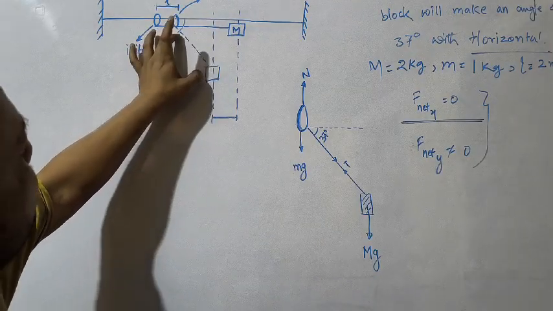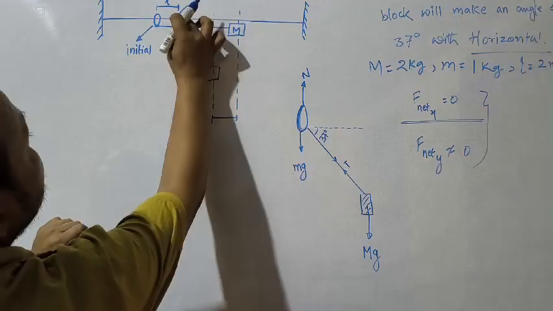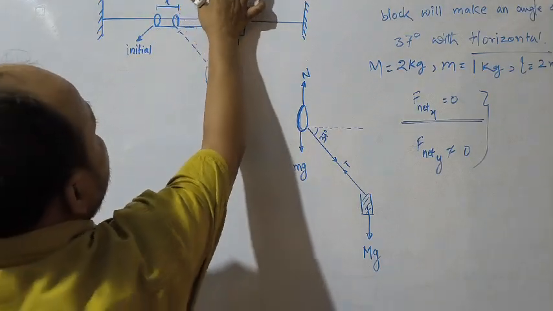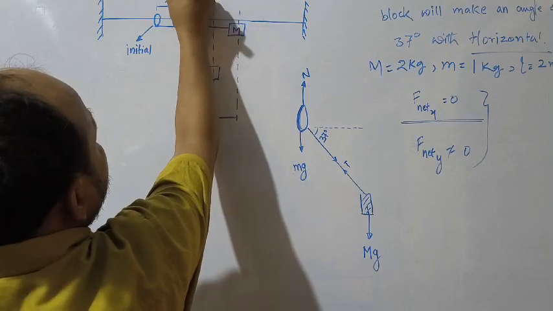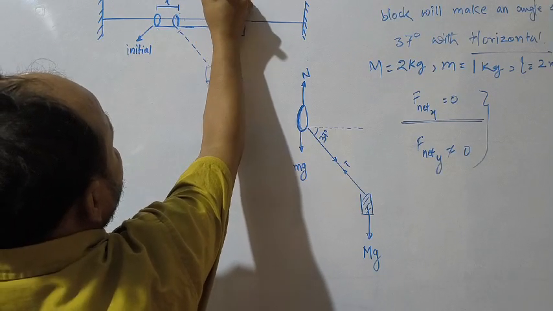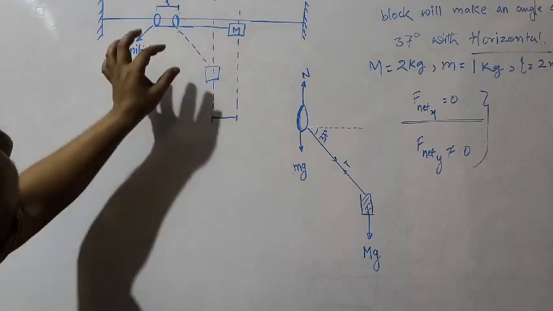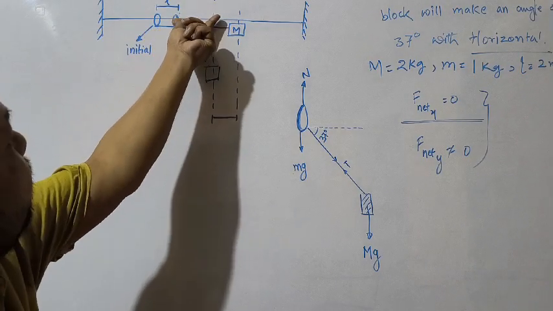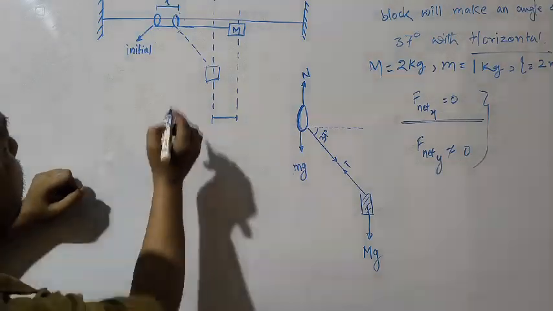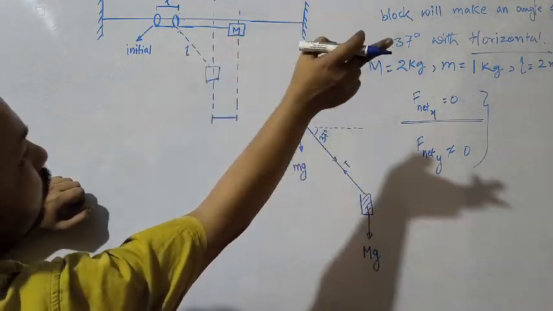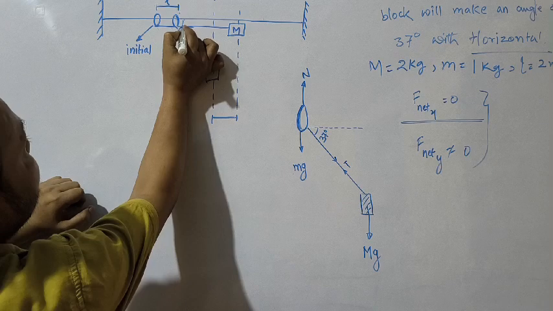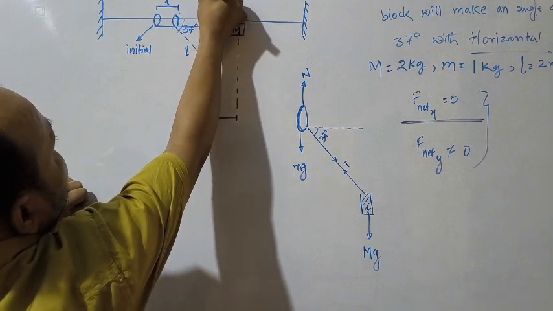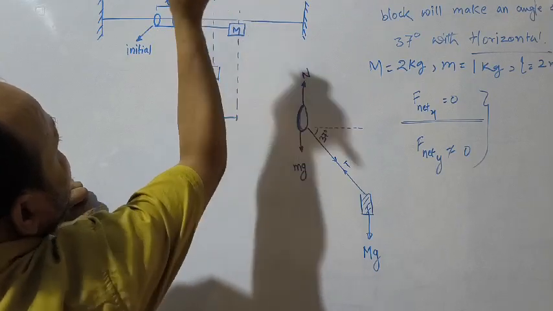Okay, so what will be the value of this length? If I want to write this length, what will be the value of this length? This is the L, this is the 37, so this length will be L cos 37. If this is L, which is equal to 2 meter, and this is 37, so this length will be L cos 37.